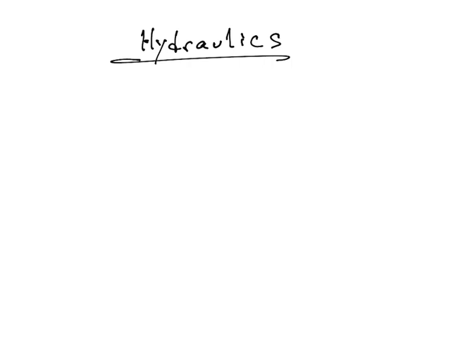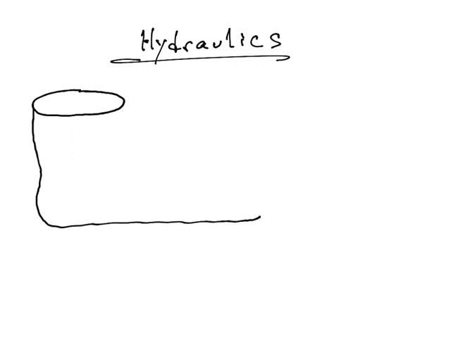So basically what we're going to start with is, let's assume we have some system of cylinders. So let's say we have a nice big cylinder here, and it's going to be connected to another cylinder over here, which maybe is a little bit smaller.